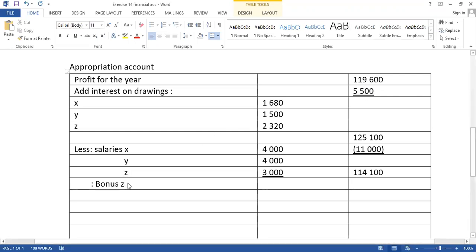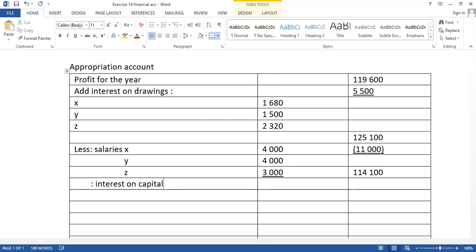I think we forgot something. We are told the bonus is taken into account after all the interest. So we actually ignored the interest on capital, which should also be recorded. It says the bonus should be calculated after the interest and also the salaries, but we only considered the interest on drawings.